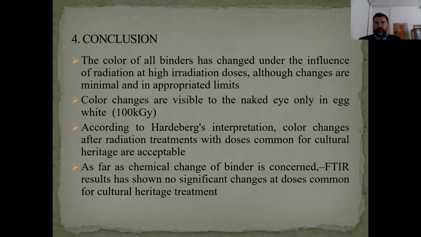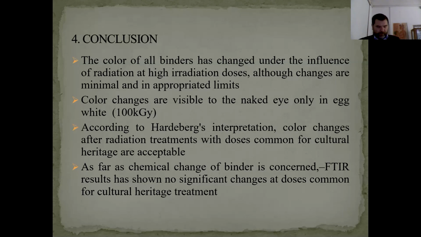So we can conclude that the color of all binders has changed under the influence of radiation at high radiation doses, but all those changes are minimal and within appropriate limits. Color changes are visible to the naked eye only in egg white.